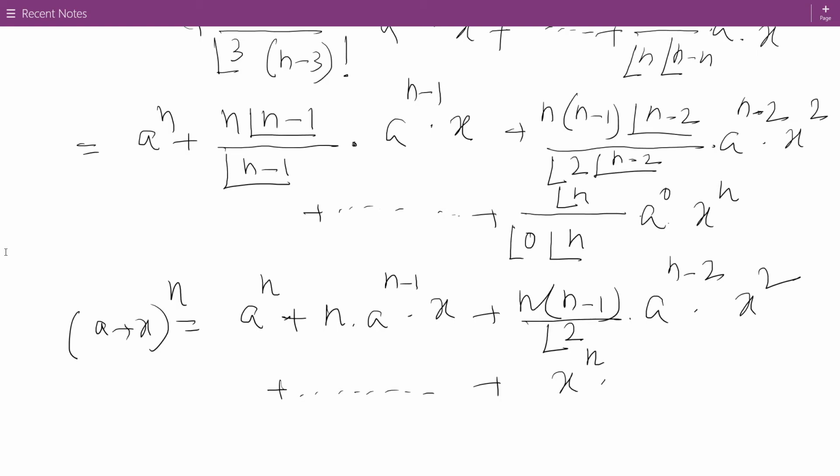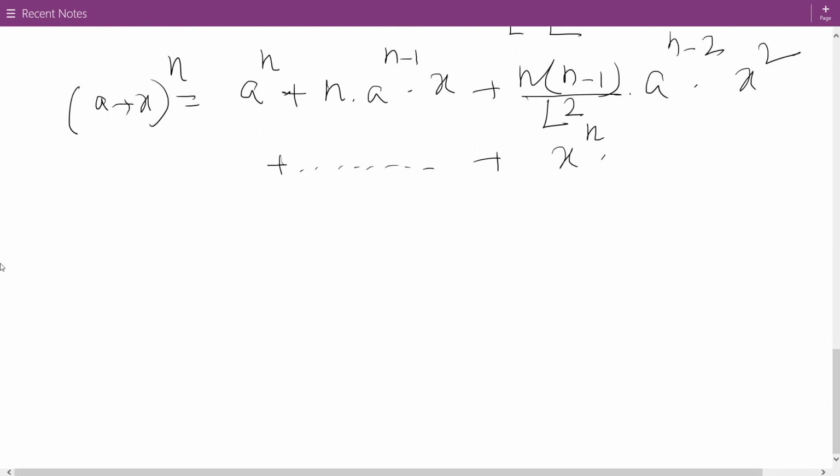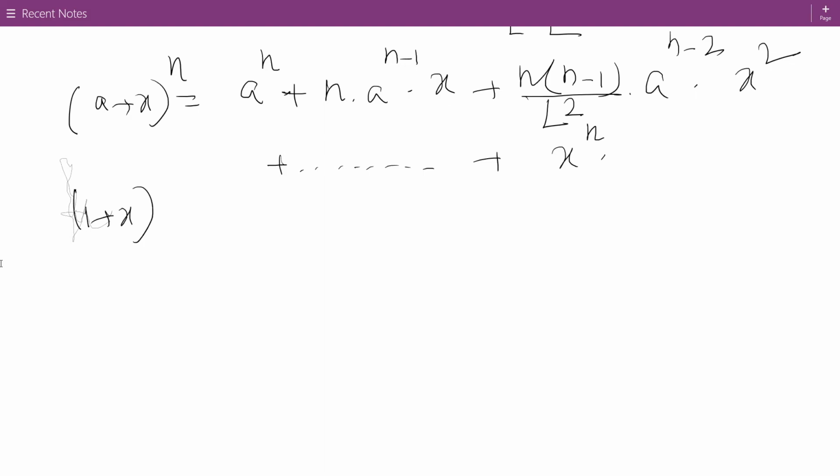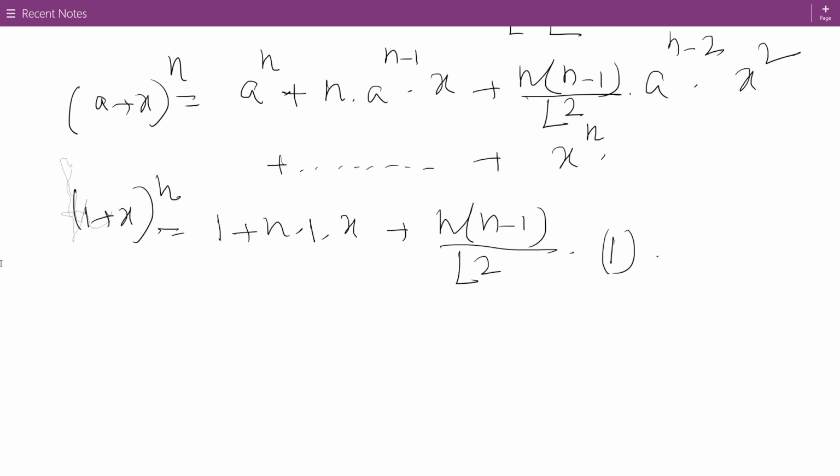Now we can explain through another example. Say the value is 1 plus x whole to the power n. First term is 1 to the power n is 1, then 1 into x, then n into n minus 1 by factorial 2, 1 into x square.